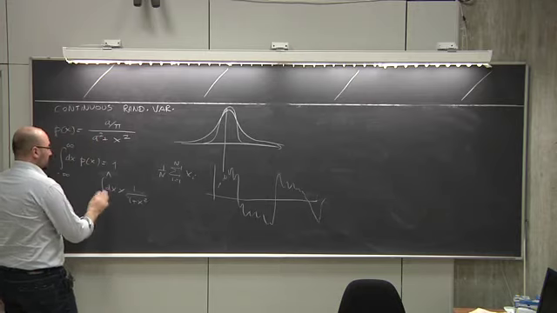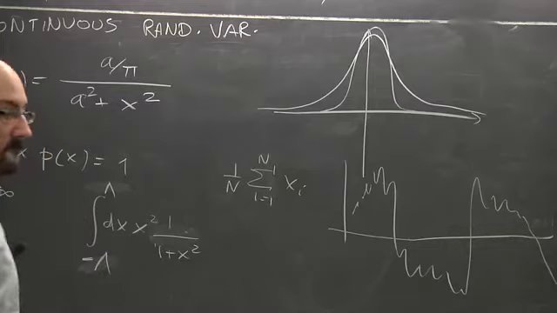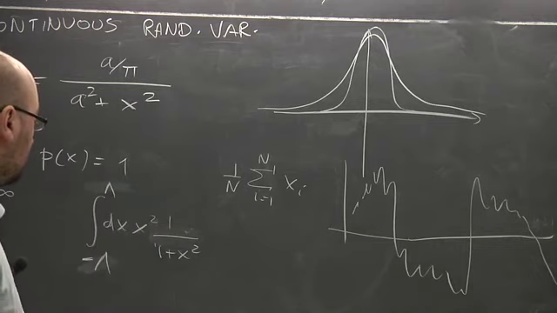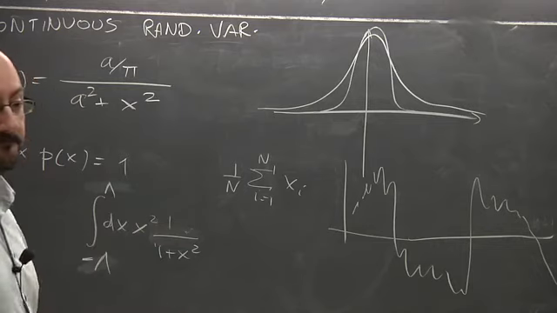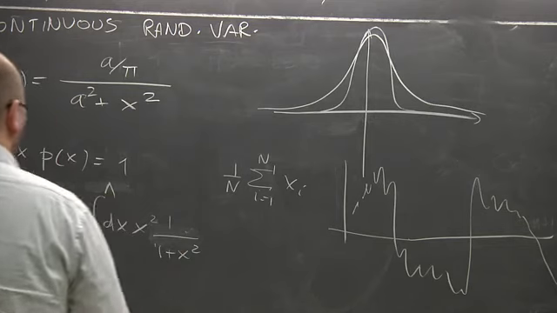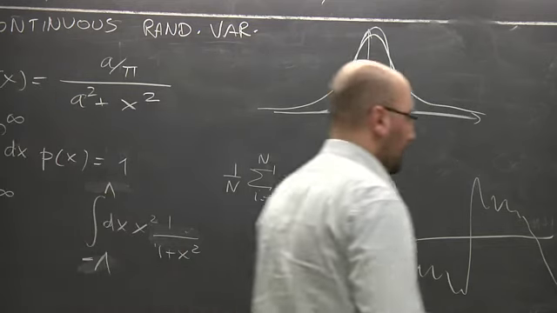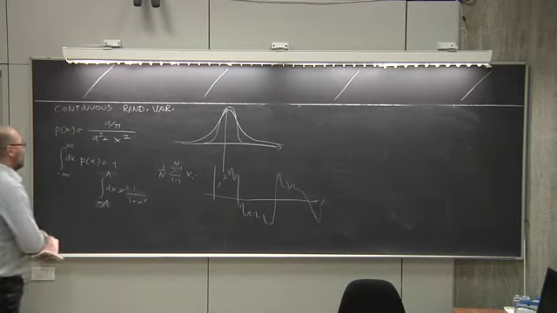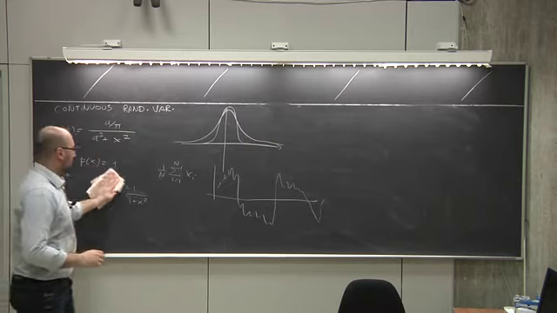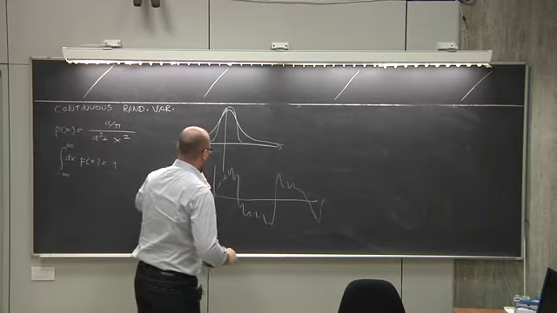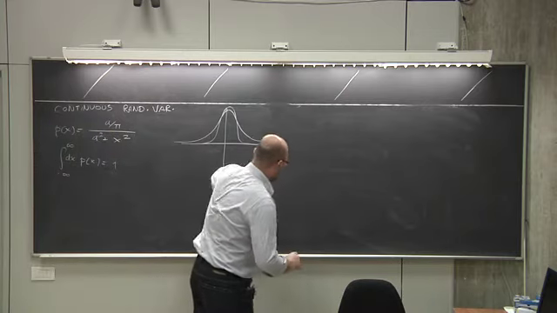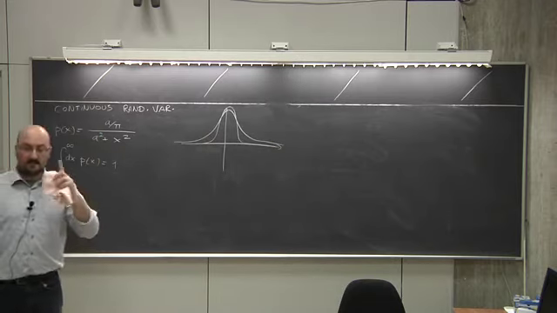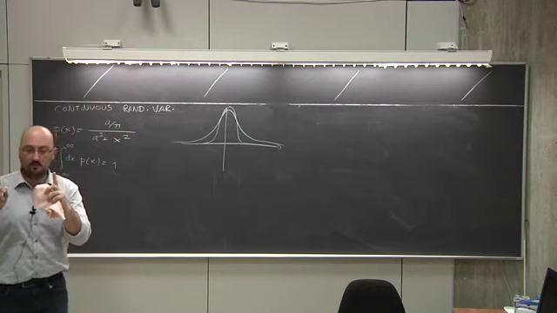It's certainly true that the second moment does not exist, because this integral will diverge. Okay. So we are used to saying that for the normal distribution, the variance is the width of the distribution, right?